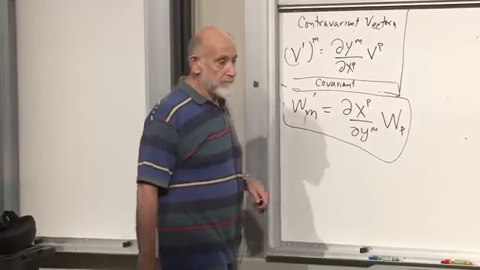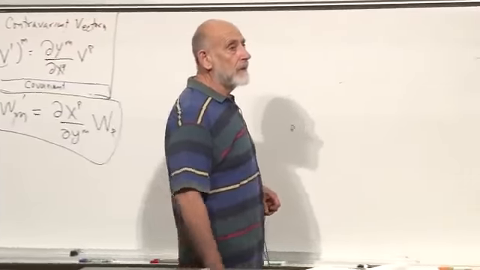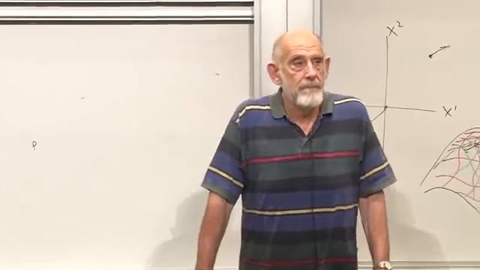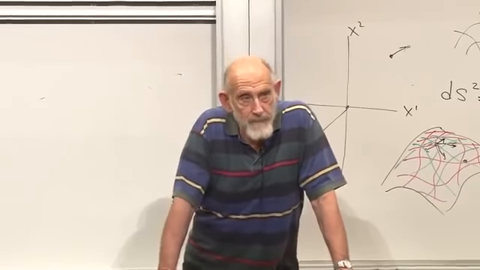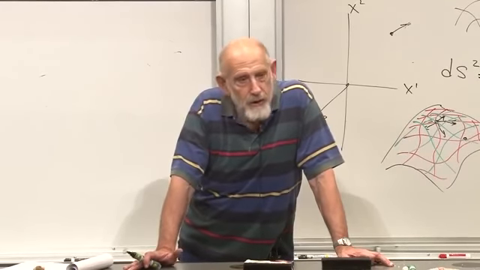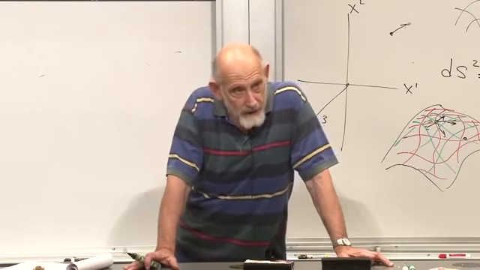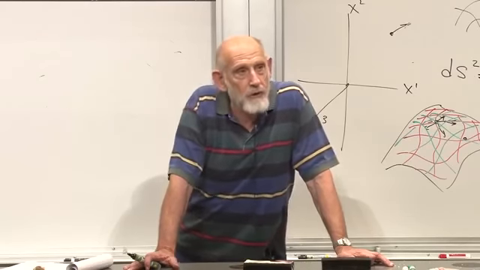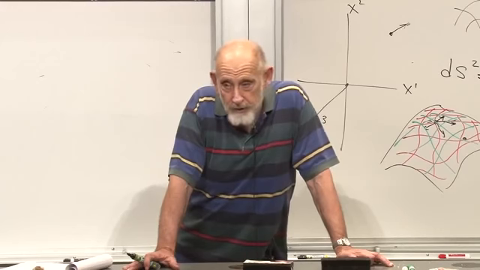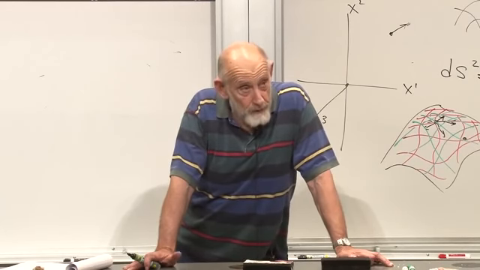Question. The last time, if I remember correctly, we said when we lower the index, we change the sign. Did we forget? Well, at the moment, we're just dealing with Euclidean space. We're not dealing with relativity. Just coordinates in ordinary space. We'll come to that sign change.